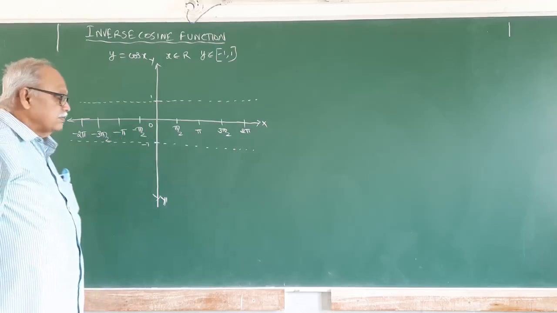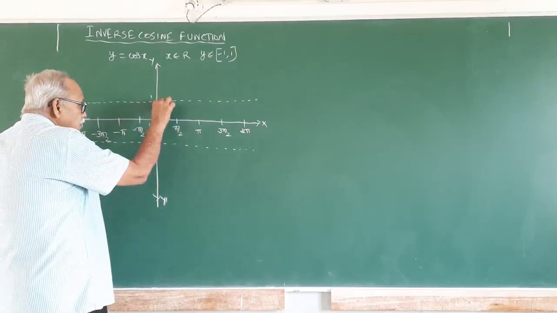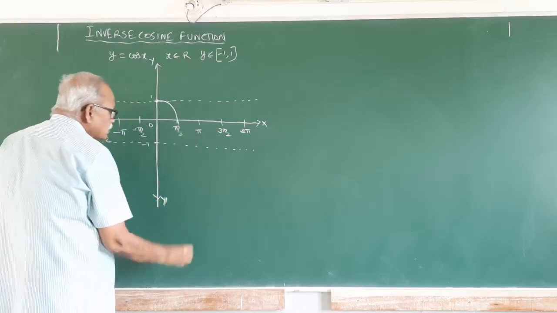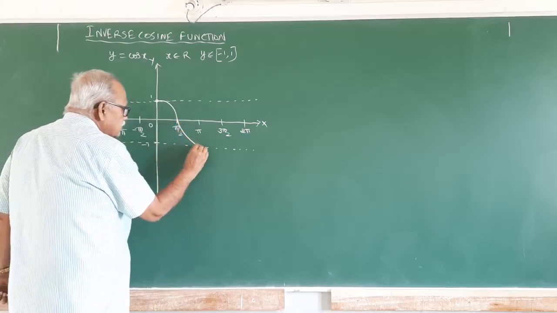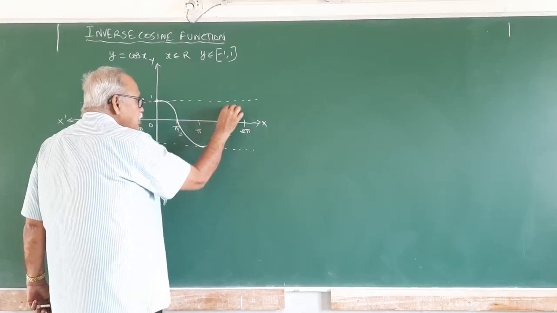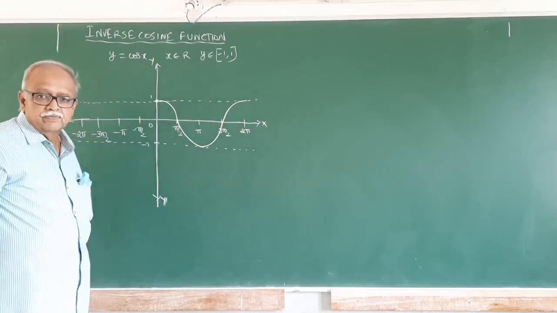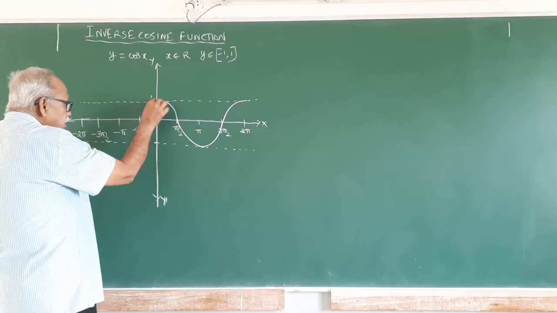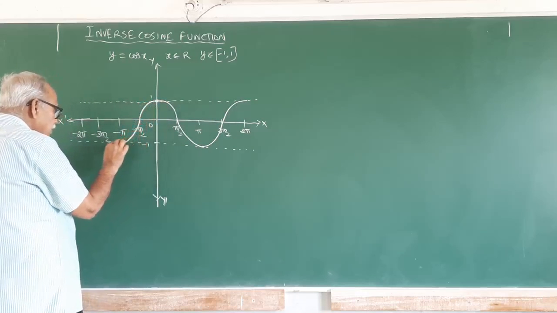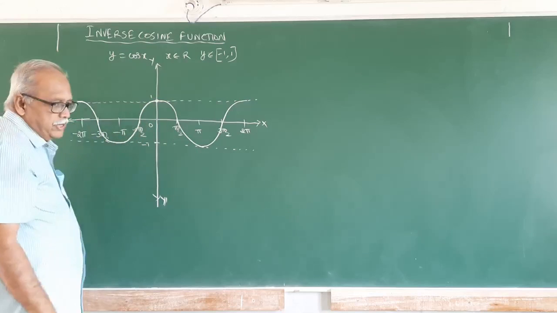First, cos 0 is 1. Cos pi by 2 is 0. Cos pi is -1. Cos 3 pi by 2 is again 0. Cos 2 pi is 1. So this is the positive side of the x-axis. Now the negative side of the x-axis: the curve is cos of -pi by 2, cos of -pi, cos of -3 pi by 2 and cos of -2 pi.